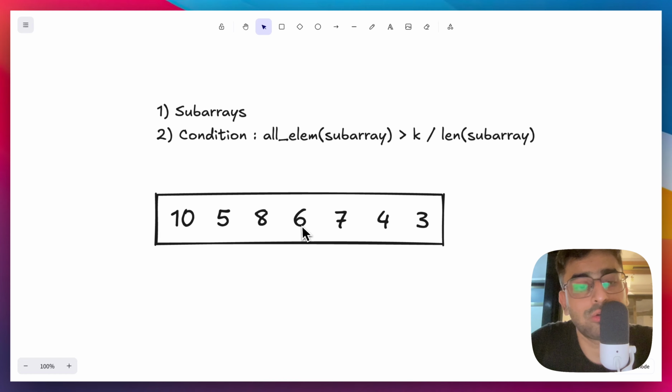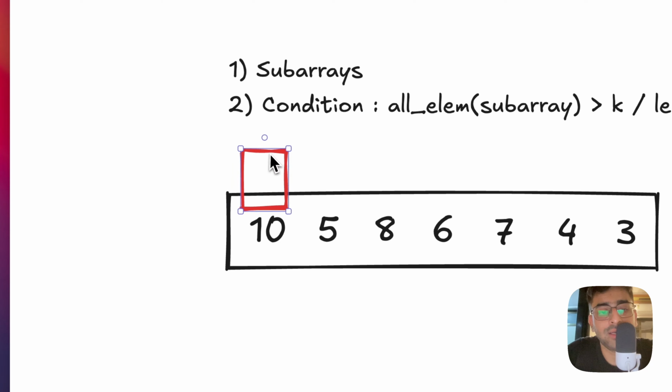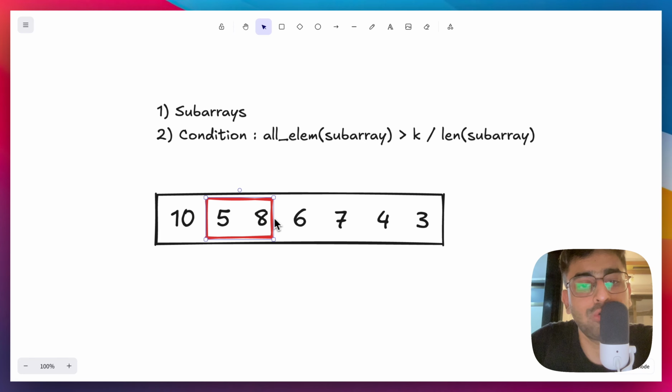Okay, we know that there are n square subarrays. So the first subarray would be this, second would be this, and so on, up to this element. Then afterwards, it will start from index 1 and go to index n minus 1 like this. So we have to go through each and every subarray using nested for loops, i and j pointers.